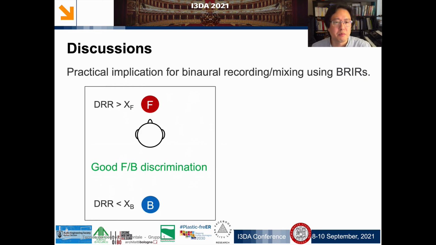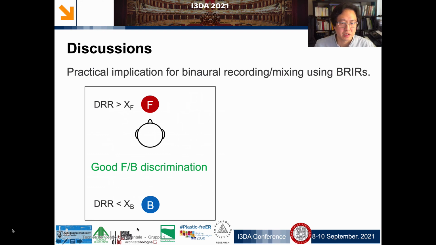So what does this mean in practice? Let's consider a binaural recording or mixing scenario using binaural room impulse responses. First of all, BRIRs would be more useful than HRIRs, anechoic impulse responses, in terms of resolving front and back confusion. But how should we use the result?